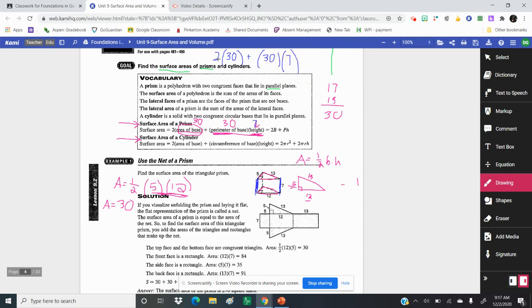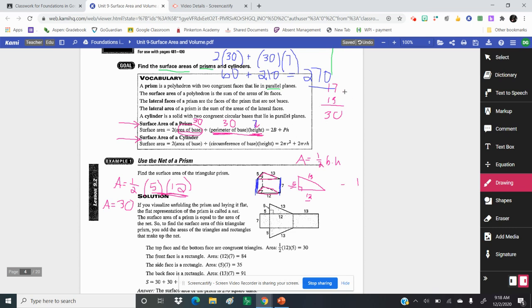And now if we do that math, 2 times 30 is 60. 30 times 7 would be 210. And 60 plus 210 is going to give me 270. So the surface area, which is the area of every single surface of this entire figure, would be 270.